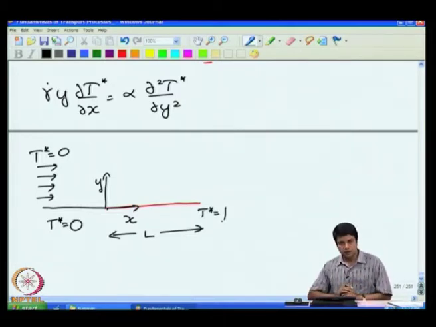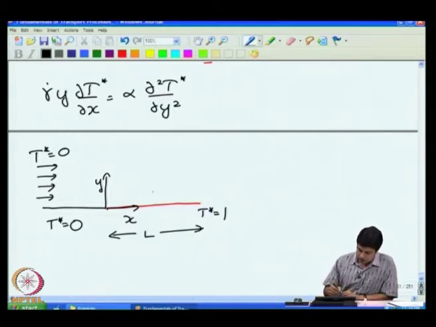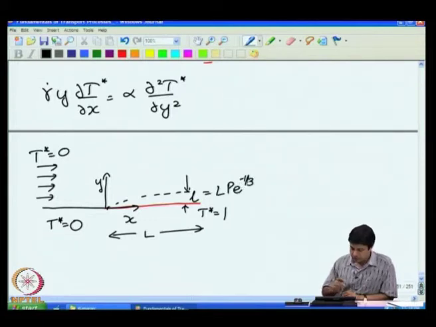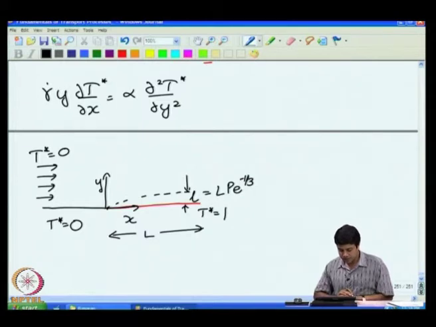And we are considering the limit where convection is dominant in comparison to diffusion. And on that basis, we said that there will be some boundary layer length here, of length small l, which goes as L times Pe power minus 1/3, over which there is a balance between convection and diffusion.